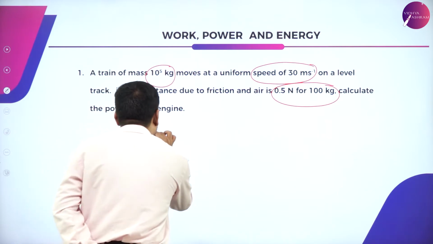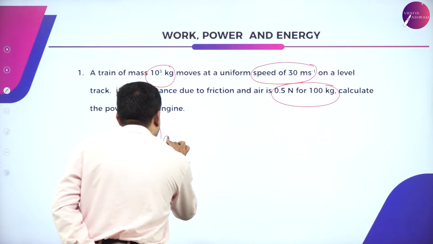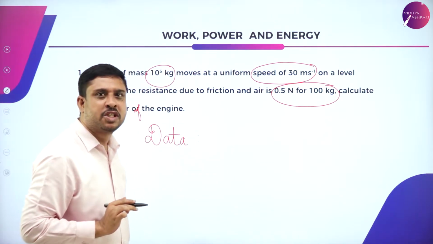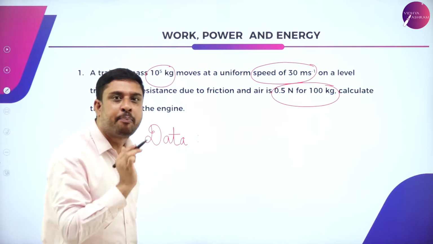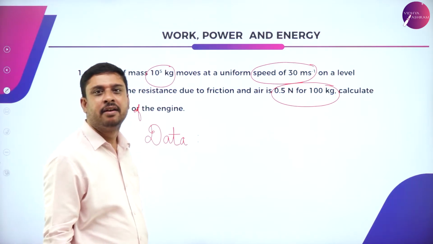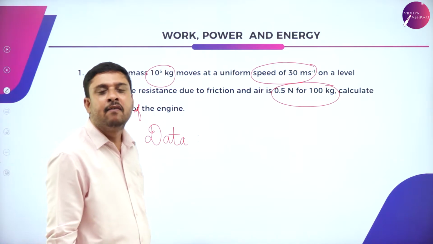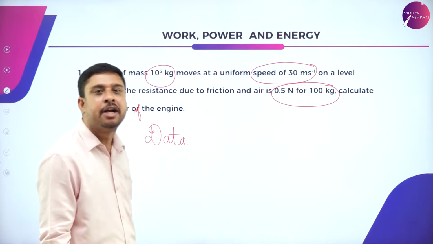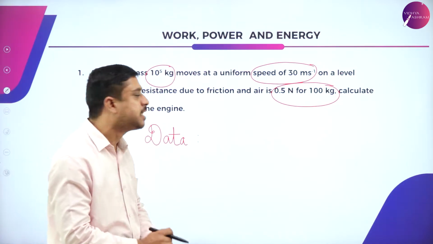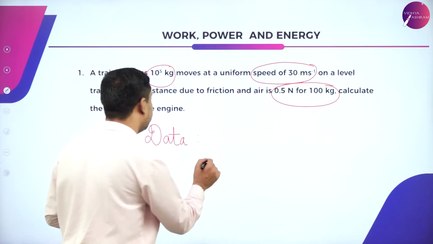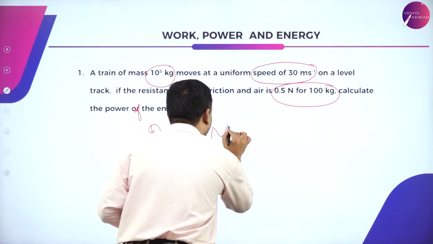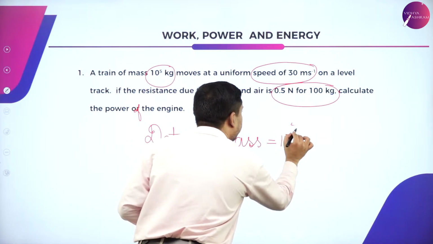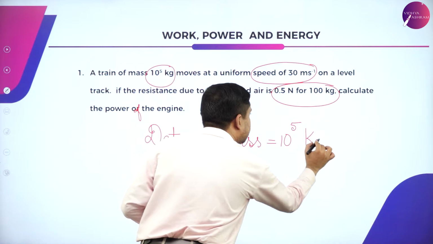So as we do, we will first pick up the data, which will help me to solve the problem easily. Collecting data will avoid any confusion to understand what has to be calculated. So there is a train of mass 10 to the power 5 kg.